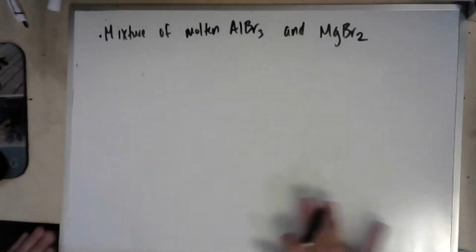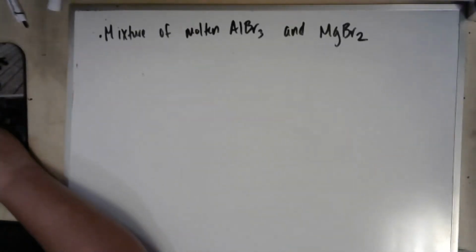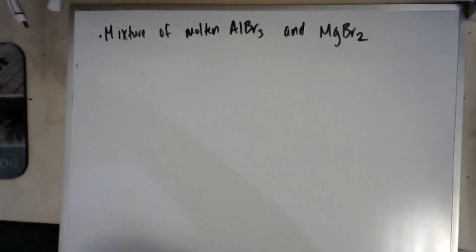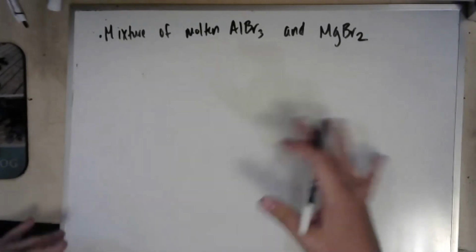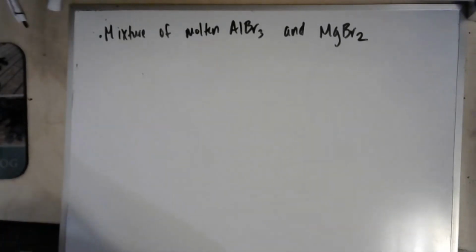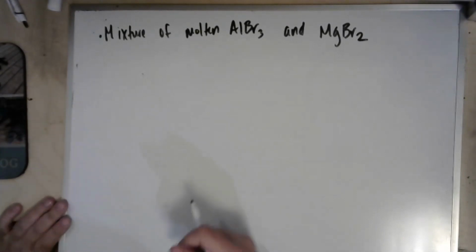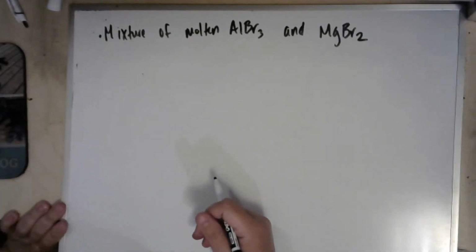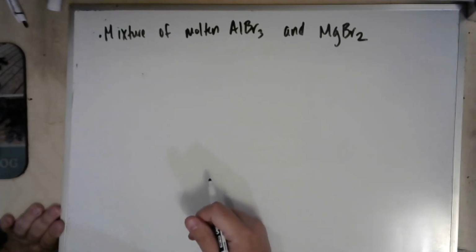So we're going to be looking at this mixture, and we're going to see how the different components would break up. If we have aluminum bromide and magnesium bromide, we'd end up with three different ions.